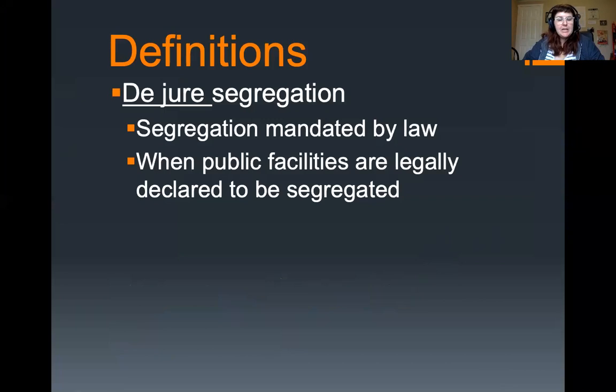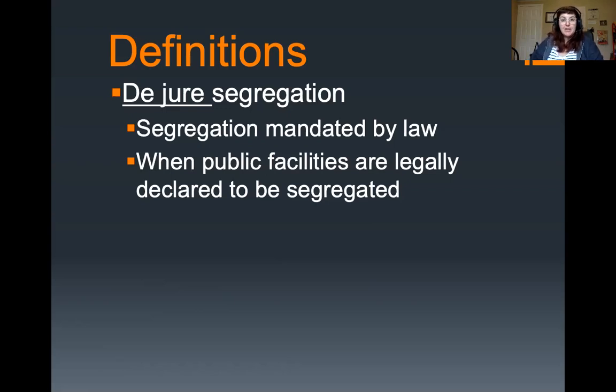De jure segregation was segregation mandated by law. That was like when public facilities were legally declared to be segregated, right? Like a famous picture of the white bathrooms and then the bathrooms for colored people. That's de jure segregation, or people of certain ethnicities can't live in a certain neighborhood, or they can't go to the same school, things like that.